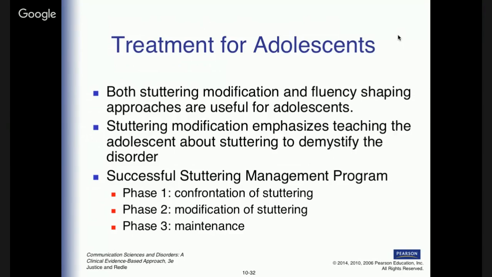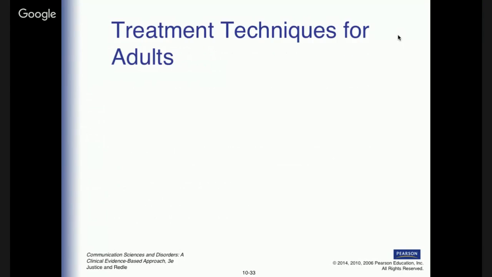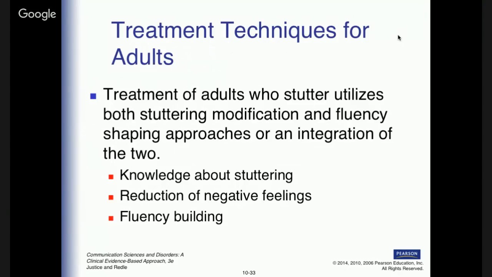Then you learn how to modify your stuttering, and then go through a maintenance phase where you try to keep going, keep talking about stuttering with people, keep doing voluntary stuttering, keep being able to change the way that you stutter. And this is going to be really true for adults as well. Give them knowledge, reduce a lot of the negative feelings, and when possible, build up fluency for the people.